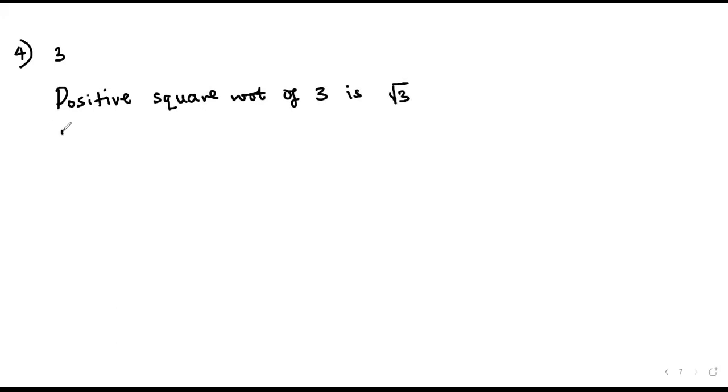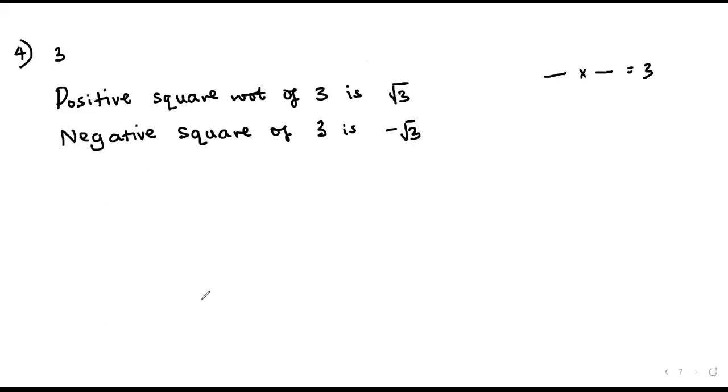And the negative square root of 3 is the negative square root of 3. So student, what number can we multiply by itself to get 3? Is it there or is it not there? Yes? Any number that we can multiply by itself to get 3?